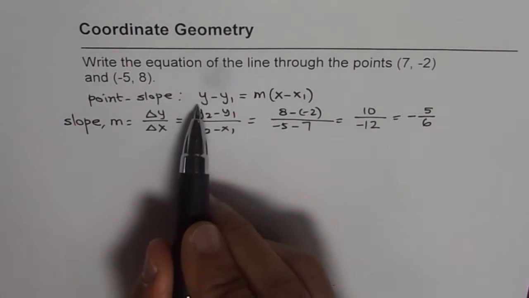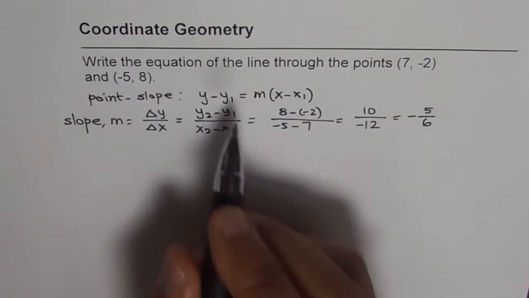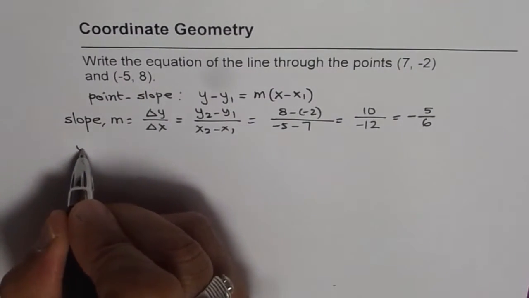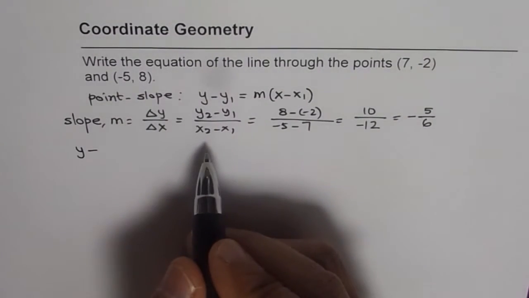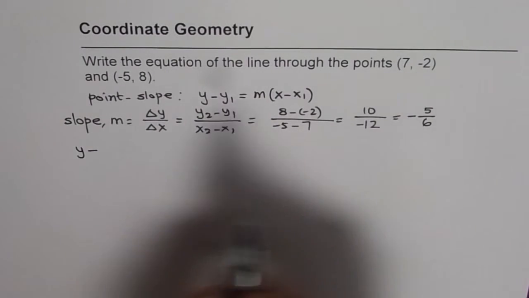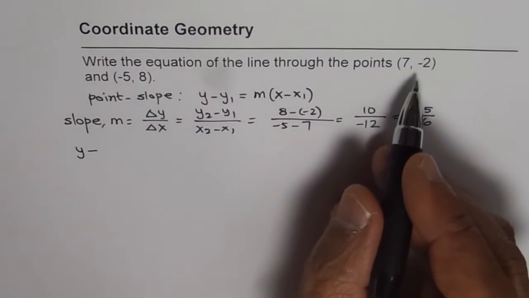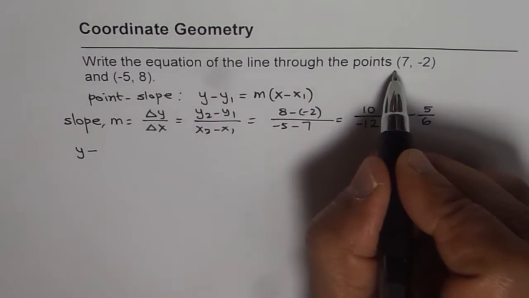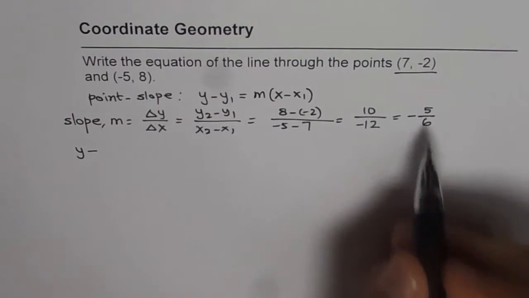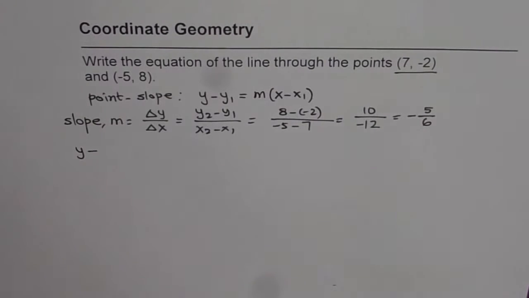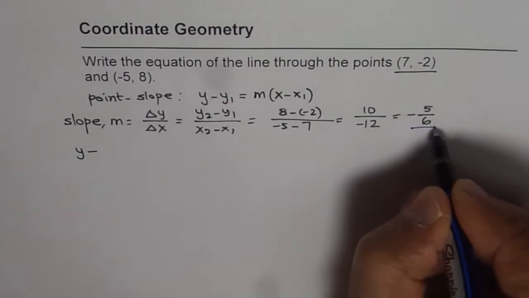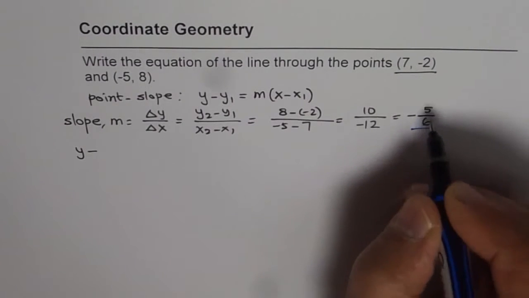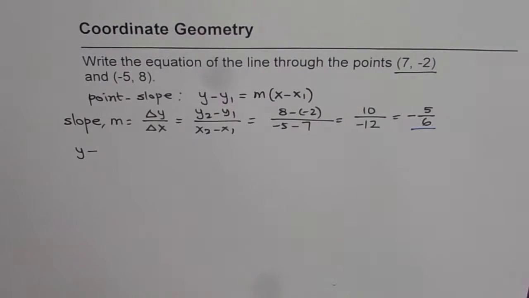Now if we use the point-slope form of the equation, we can use any one of these points. Let us use (7, minus 2). Minus 2 is the y value, so I'm using the point (7, minus 2). So we are using slope of minus 5 over 6 and the point (7, minus 2).